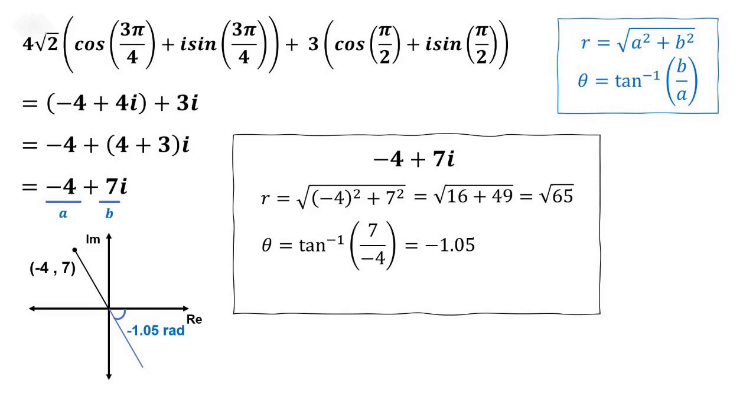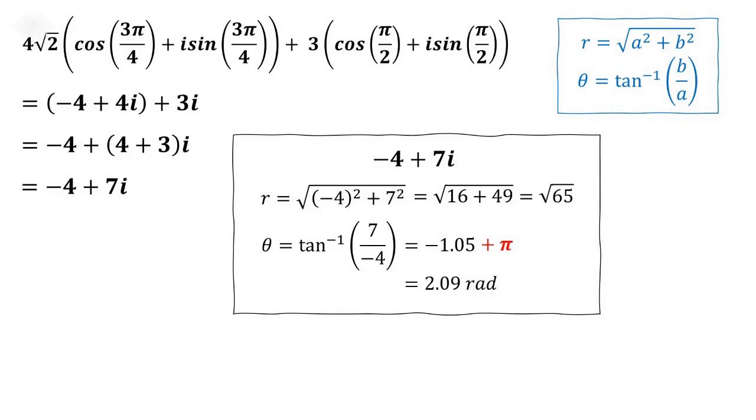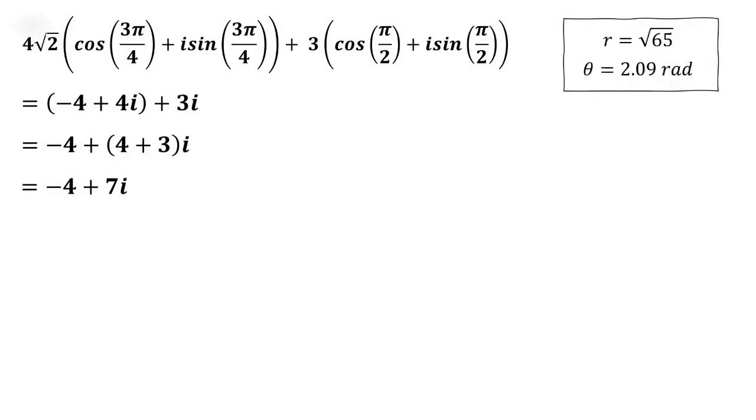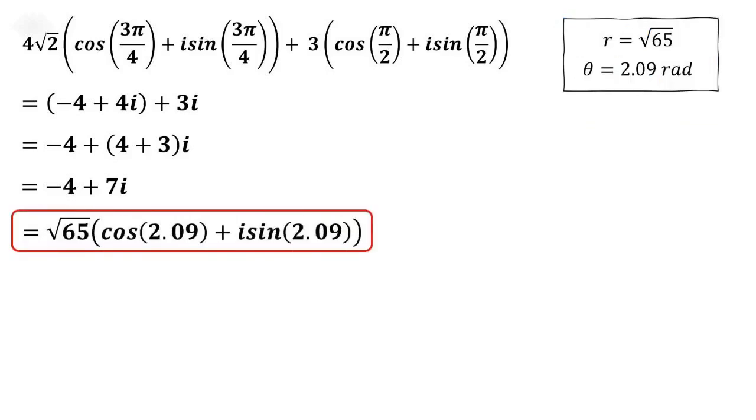So we have to add an extra pi radians to negative 1.05 radians to get our actual theta, giving us our argument of 2.09 radians. So the sum of this expression is square root of 65 times cosine of 2.09 plus i sine of 2.09.